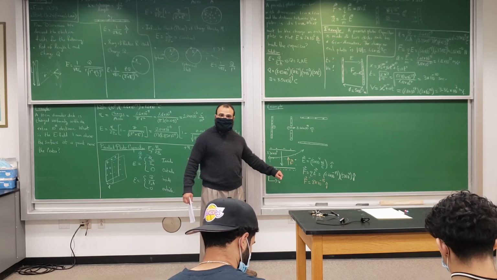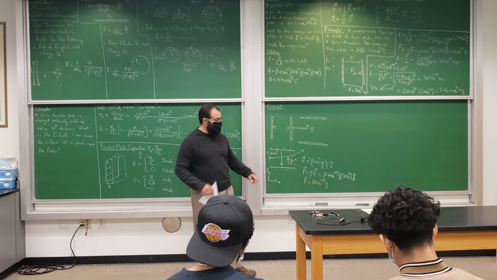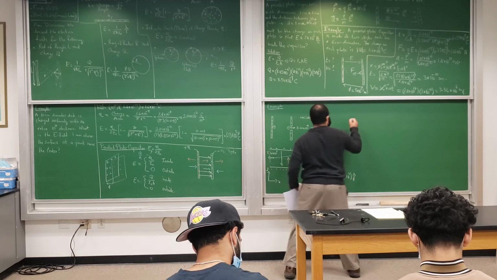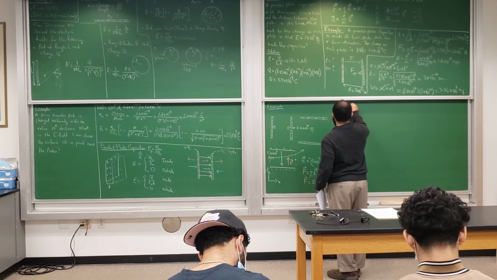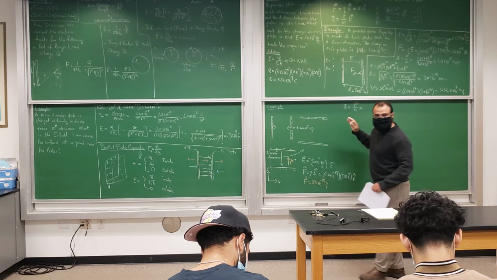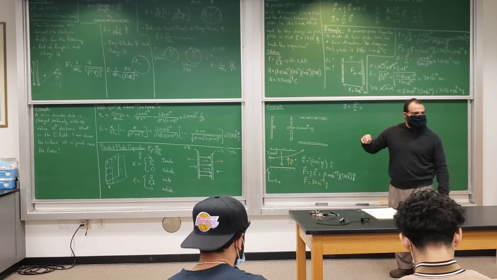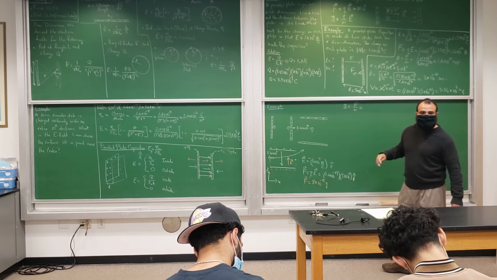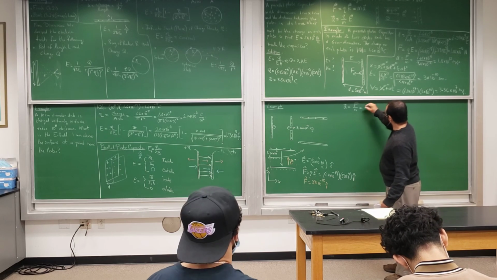So that is the force, and now let's find the acceleration. The acceleration will be the force over the mass, because it's the only force we have. You might say there is maybe gravity, but it's negligible compared to all the forces we have.